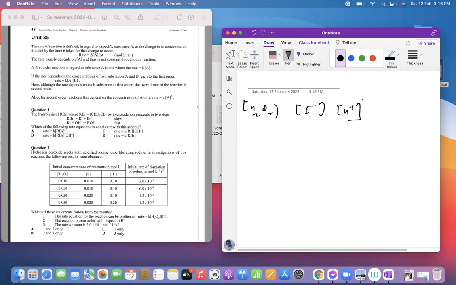If H plus has zero order kinetic, it means it does not depend on the rate law, it has zero order. So suppose rate is directly proportional to H2O2 and iodide, and if there is no H plus in the rate law, it means it is zero order kinetic. So tell me which one should be fine.